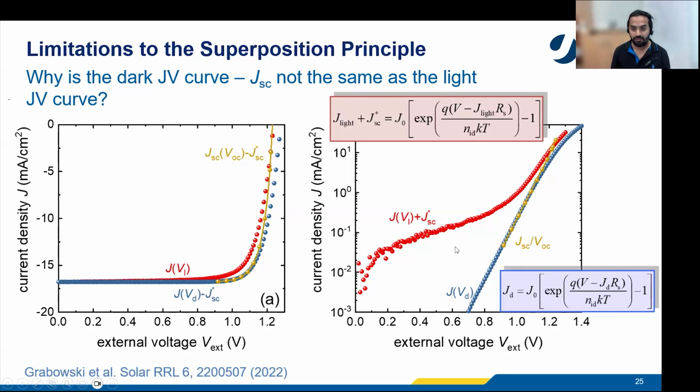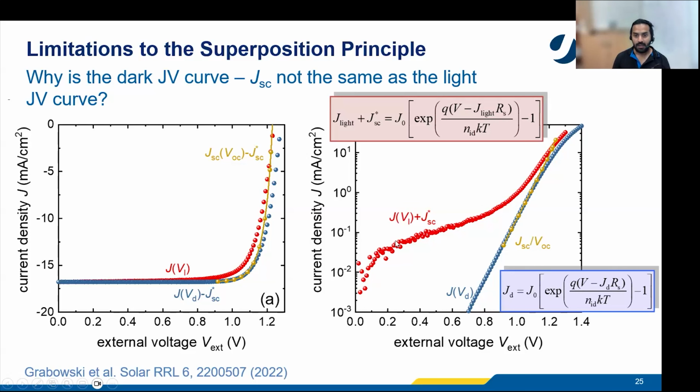This essentially arises from the fact that the internal voltage and the external voltage are not the same under illumination. The internal voltage would be the quasi-Fermi level splitting in the solar cell that is needed to drive the photocurrent. And your V is your external voltage, of course. For example, at short circuit under illumination, you still have a large number of electrons and holes in the solar cell.